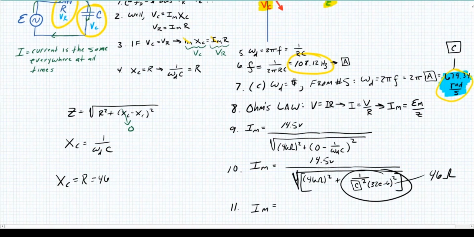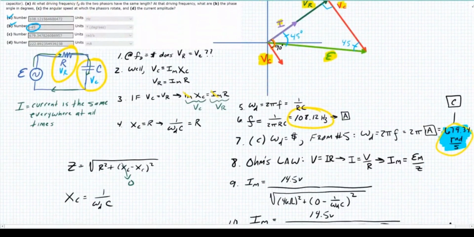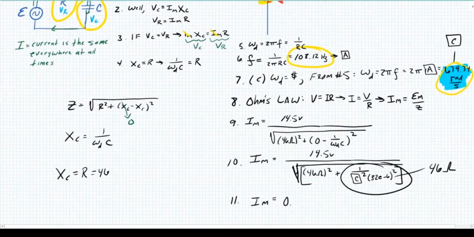But the calculator says 46 squared times 2, reciprocal, okay, divided by 14.5. 0.222. 222 milliamps.